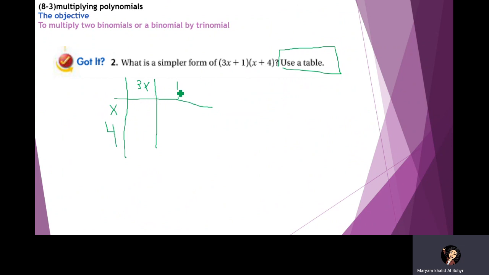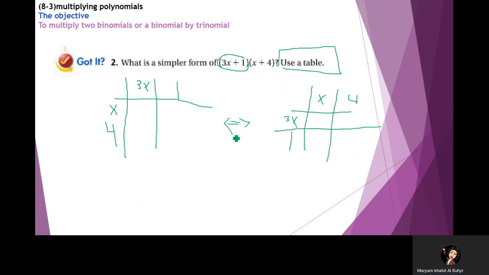If you change the order, girls, if you write the terms vertically in this column, no problem, you will get exactly the same. I mean, if you write x and 4 here, and write 3x and 1 here, no problem. They are equal. Let's complete this table and get the result.